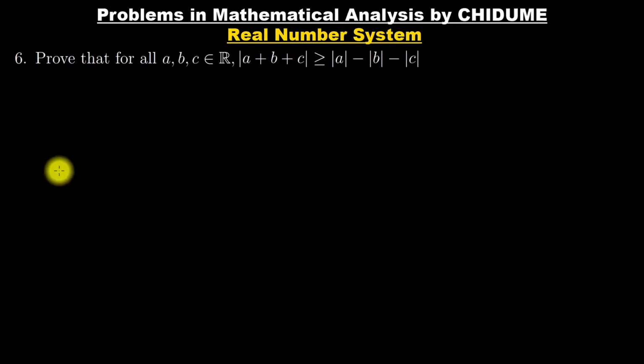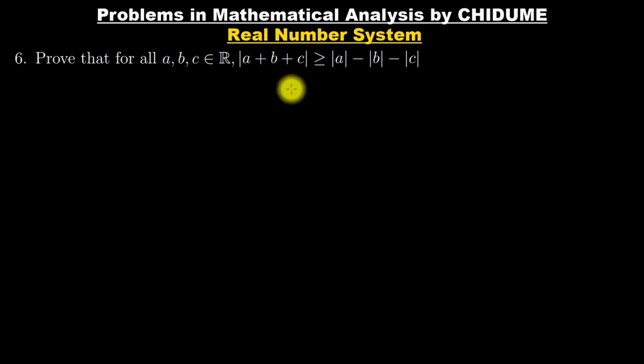In this question, we are asked to prove that for all a, b, and c in R, the absolute value of a plus b plus c is greater than the absolute value of a minus the absolute value of b minus the absolute value of c. I want you guys to take time to try and solve it yourself first before you come back to see the solution.